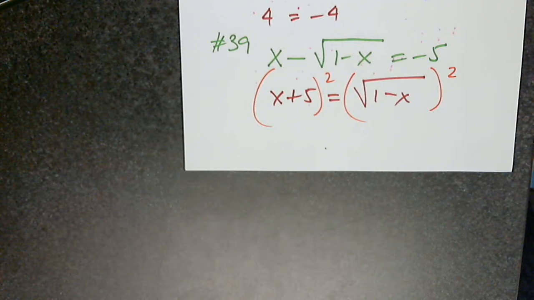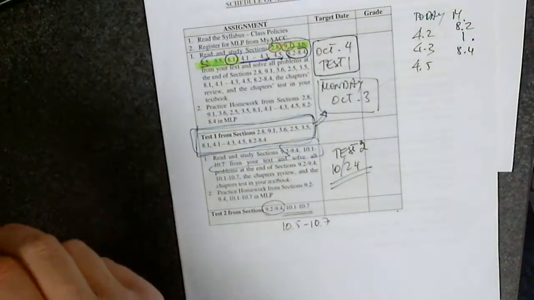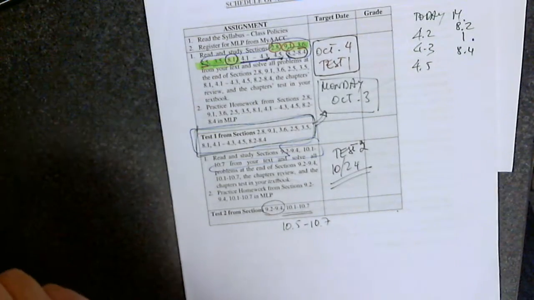I'm looking for my syllabus so we can put in the test 2 date. I'm looking at my phone too, because today is the 13th, next week will be the 20th, right? So Tuesday would be, no, the 25th, the following Tuesday.